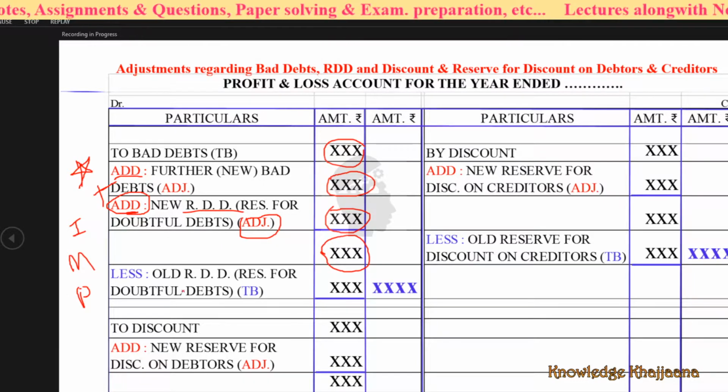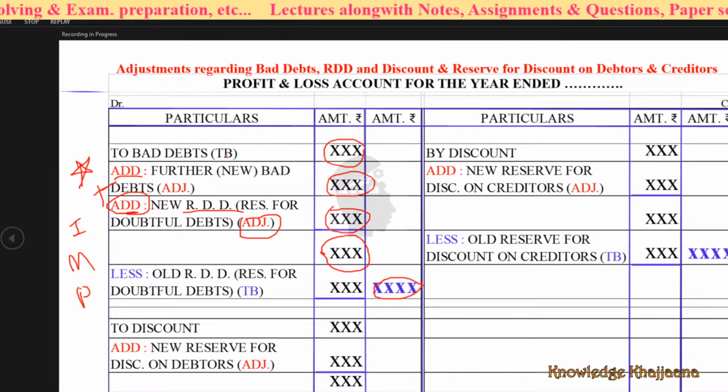And from this amount, what do we have to deduct? We have to deduct the old reserve for doubtful debts, that is the reserve for doubtful debts which is given in the trial balance. For that I have given the blue color. Whatever is given in the trial balance, you have to deduct. So the old RDD you have to deduct, and this much final bad debts amount you will get.